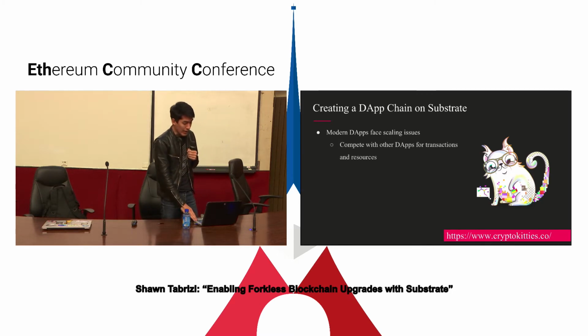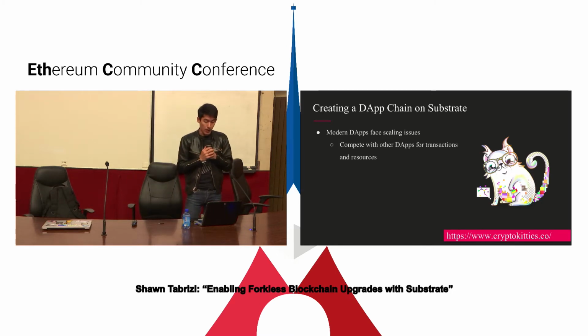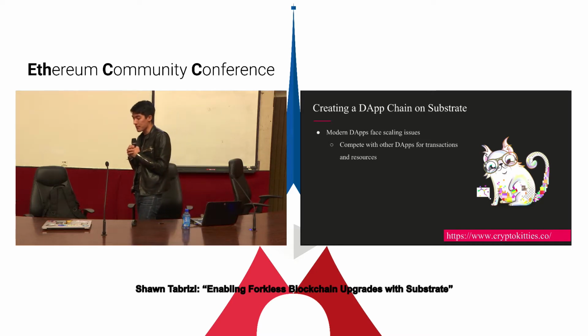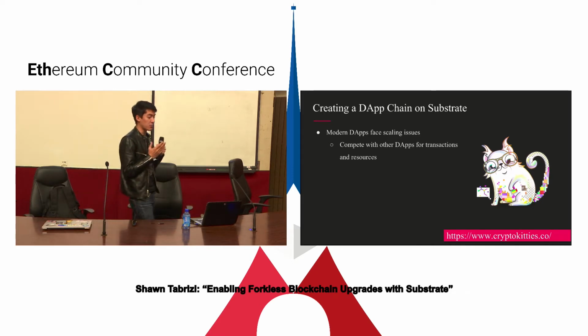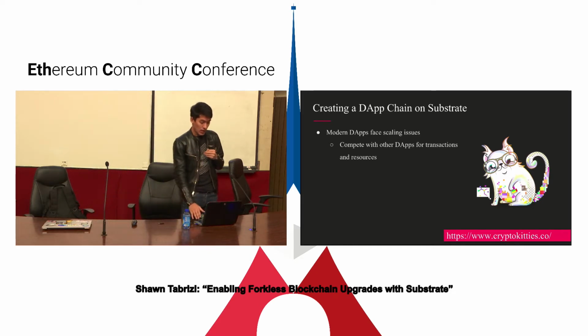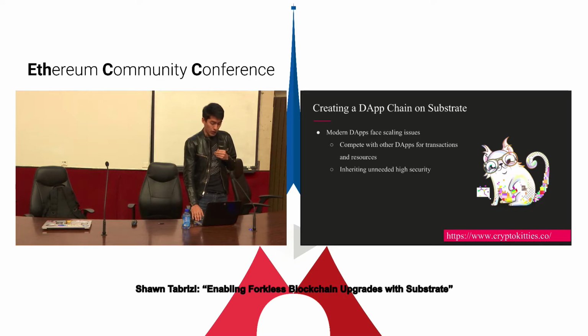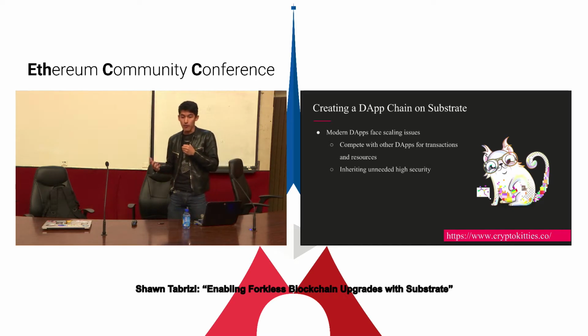So right now, if you're building a dApp, you're going to run into problems where you're going to have to compete with other dApps on the same network that are competing for basically transaction priority and resources. You're going to have to take the security of whatever network you're on.